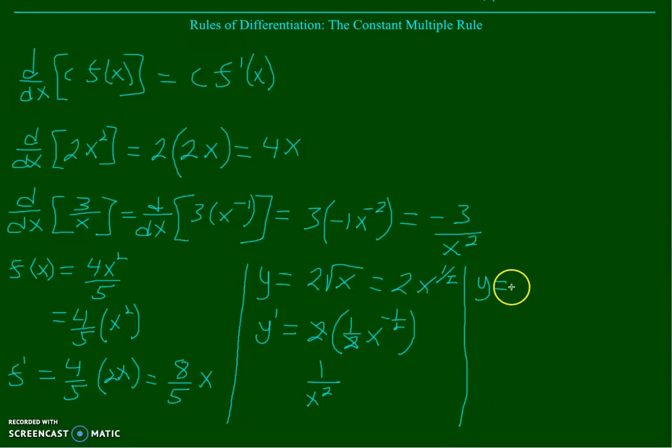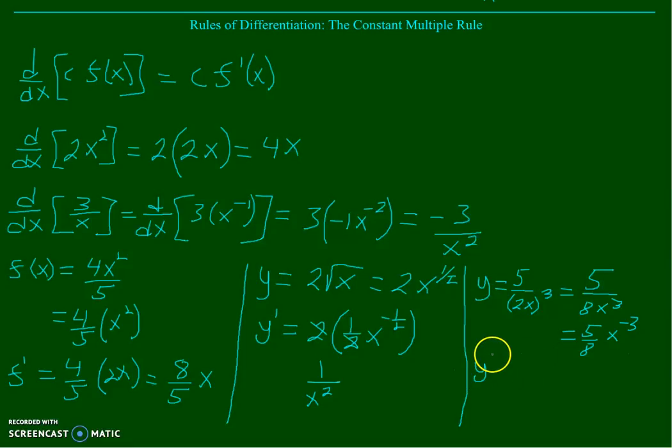Let's try one more over here. y equals 5 over 2x to the 3rd. Okay, so let's go ahead and rewrite this. This is actually going to be 5 over 8x to the third, which is, again, 5/8 x to the negative 3.